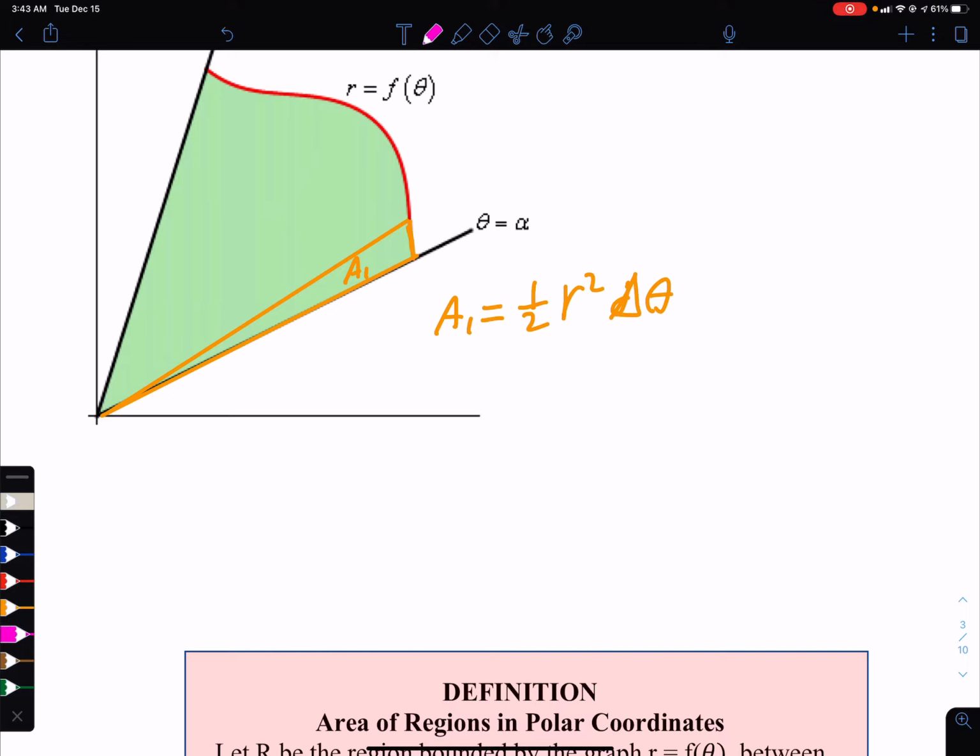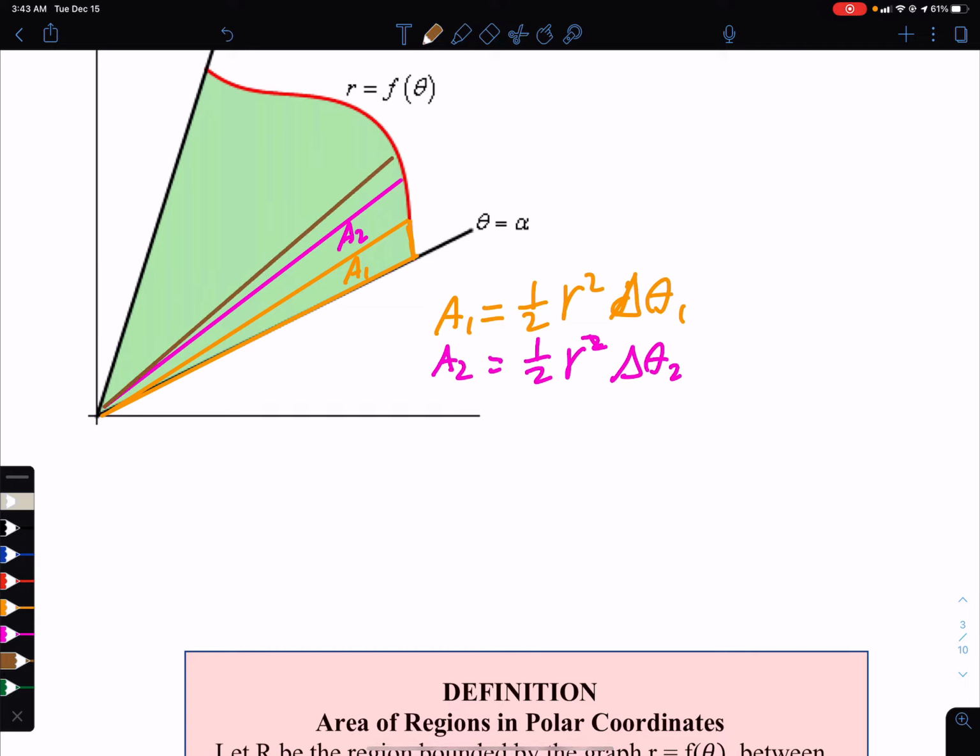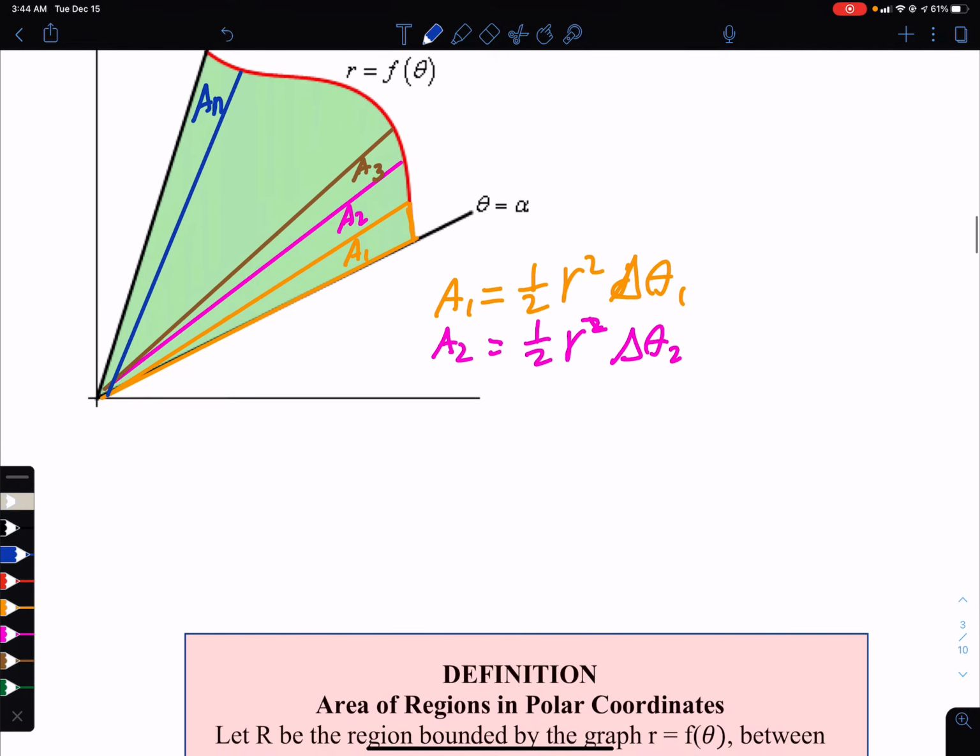Now, if we did another one and call that A2, we would have 1/2 r squared and delta theta 2. And so on and so forth. If you kept doing this all the way till you get to your last one, which we'll call A sub n, if you add those up, those will give you an approximate area of that curve.